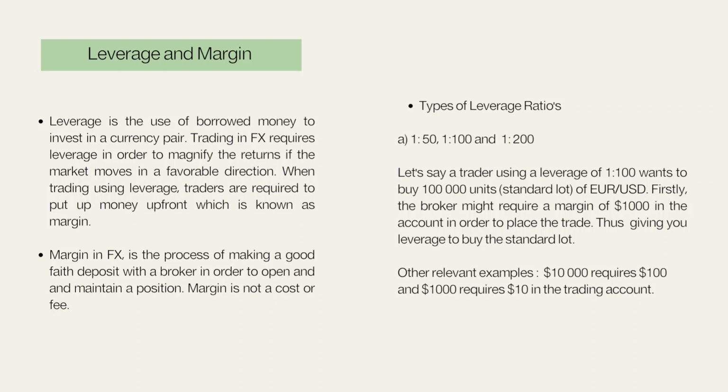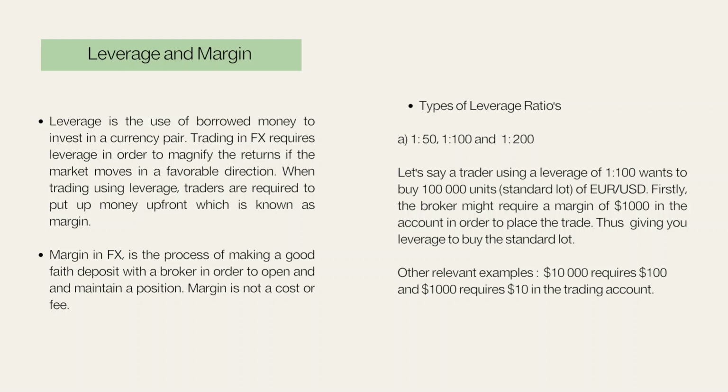The types of leverage ratio include 1 is to 50, 1 is to 100, and 1 is to 200. Let's say you're a trader, you want to buy 100,000 worth of Euro to USD pair.